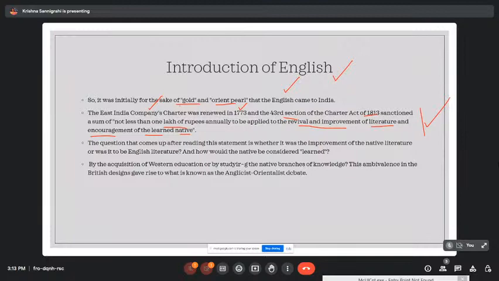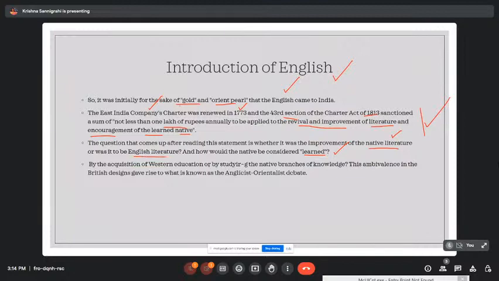So the question that comes up was, what was termed as learned? Is it an idea about improvement of knowledge in the native literature, that is the language originally used in that particular colony? Were they thinking of improving the quality of education of the literature in that language, or was it English literature in general? So this was the question.